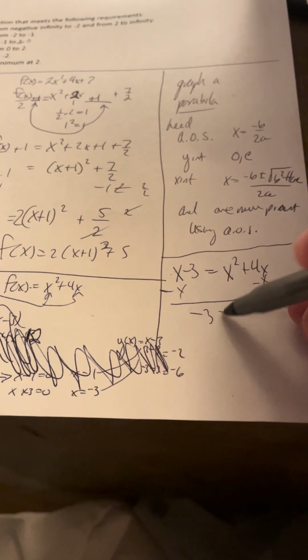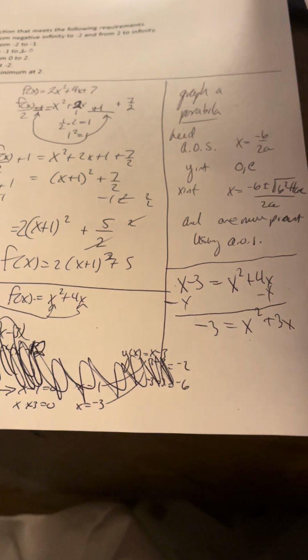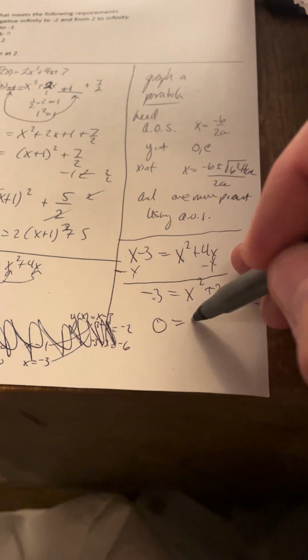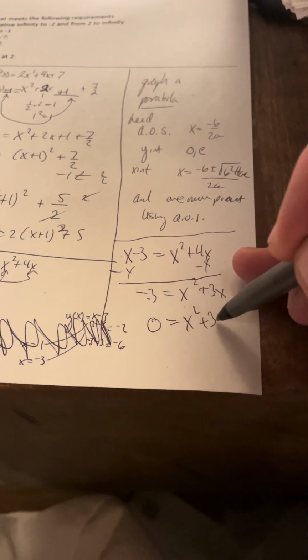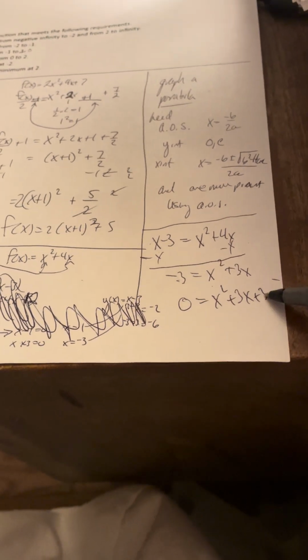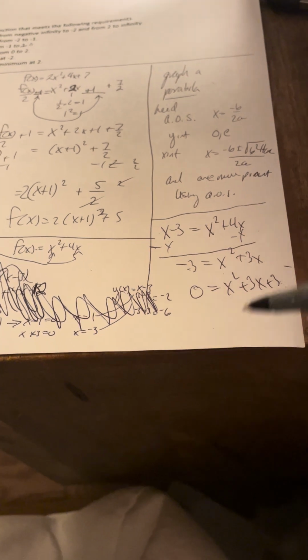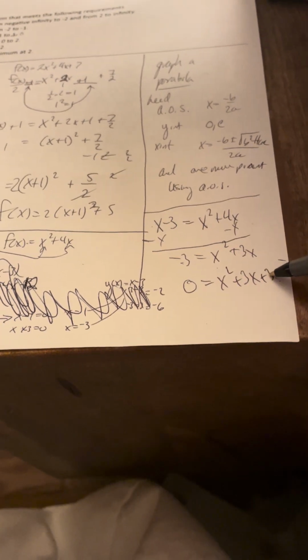I have minus 3 is equal to x squared plus 3x. Bring the 3 over, it becomes positive. So I have 0 is equal to x squared plus 3x plus 3. To find out the x's, you're going to have to use the quadratic formula. You could complete the square if you wanted to. Once you get your x's, and I'm running out of time, so I've got to be quick about this, plug it back into either of these two functions to find your y's.